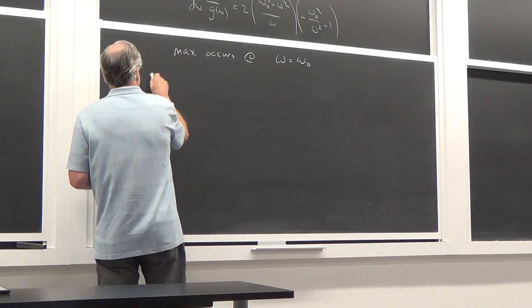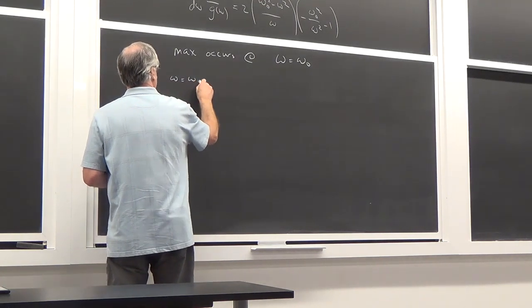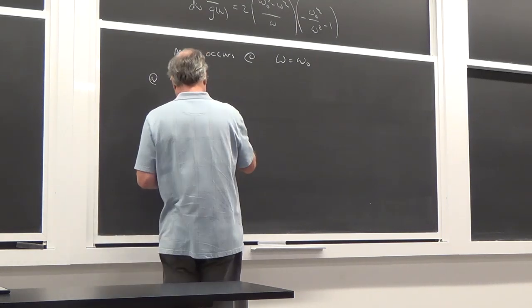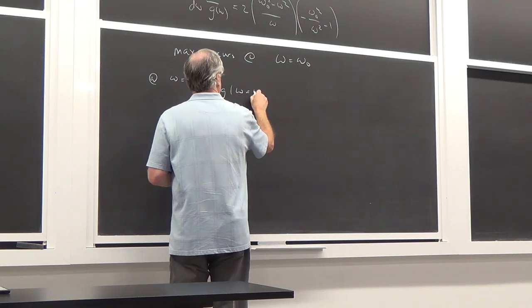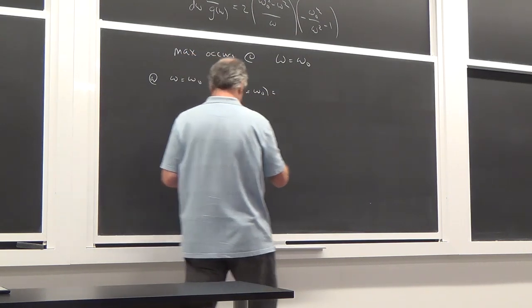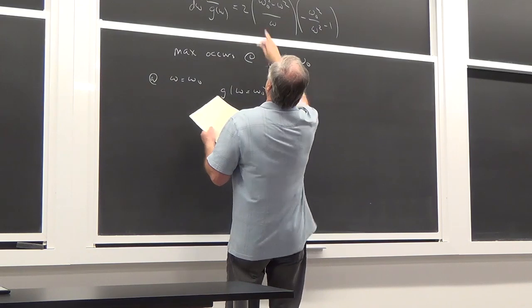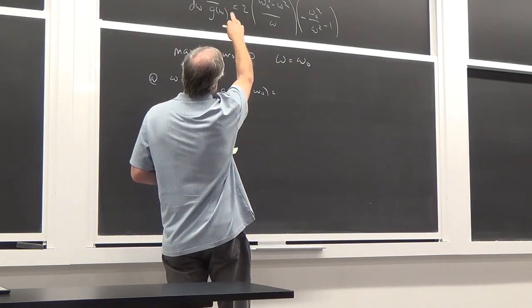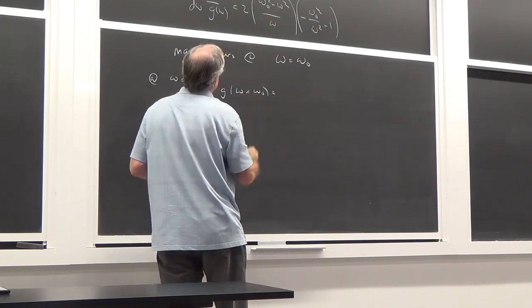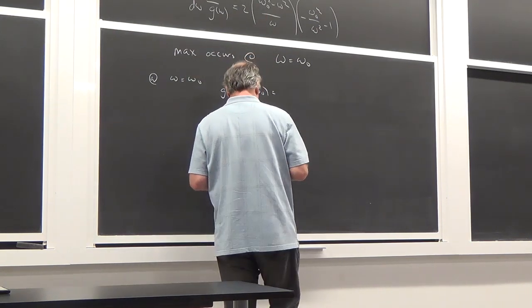So at omega equals omega naught, at the maximum, G is just equal to omega naught to the fourth divided by gamma squared omega naught squared.